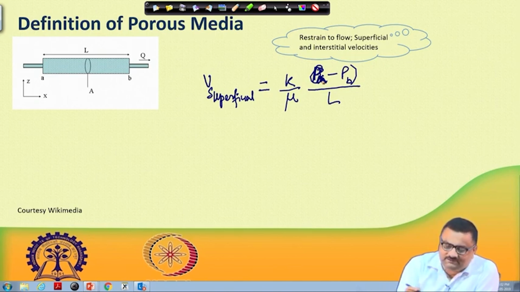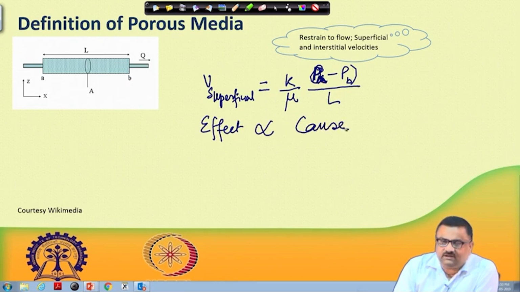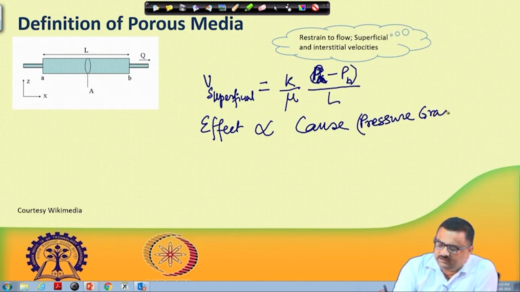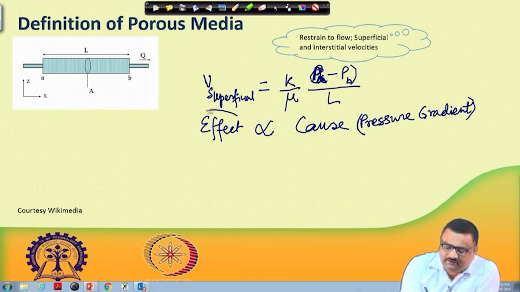We said that this relationship is like a cause and effect relationship, where the effect is proportional to the cause. The cause is the pressure gradient, the pressure difference P A minus P B over a length L. The effect is the velocity, the fluid flow taking place.